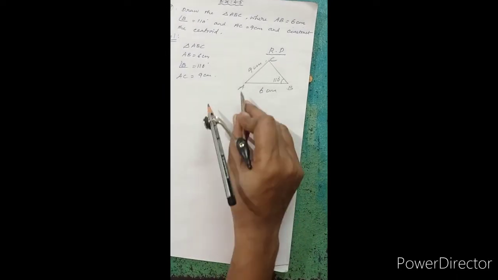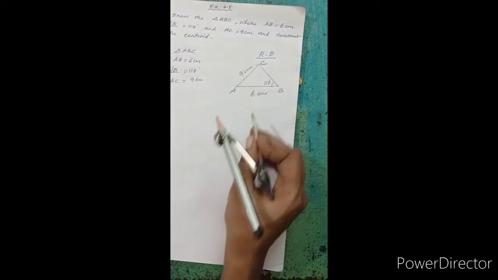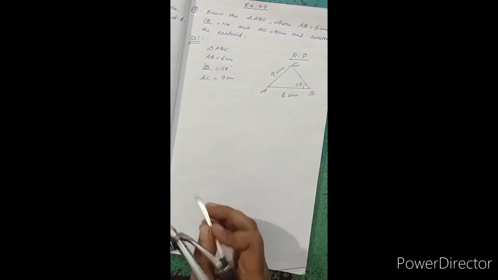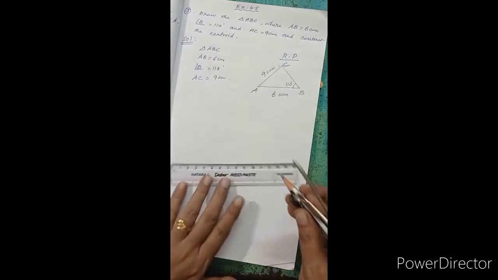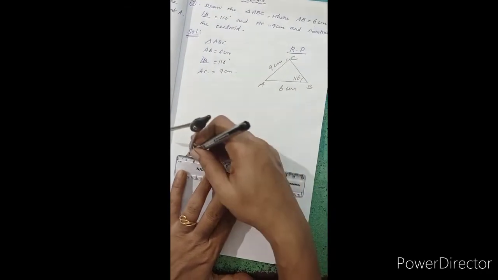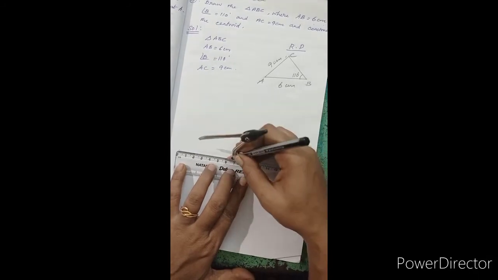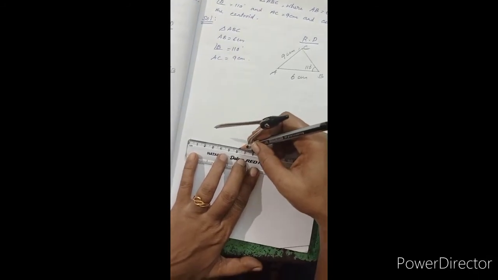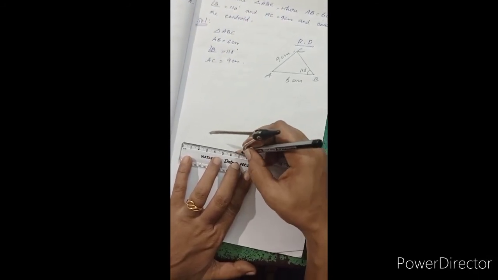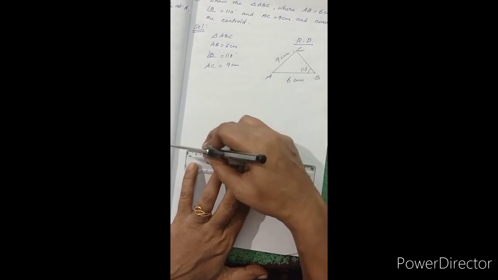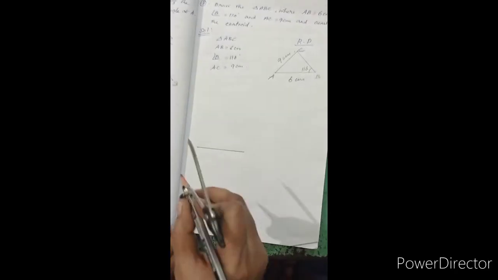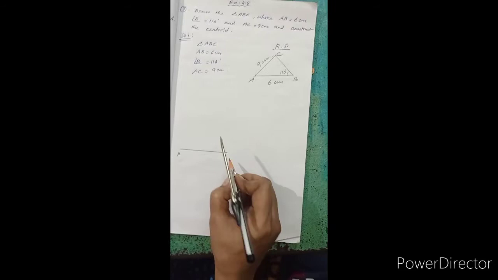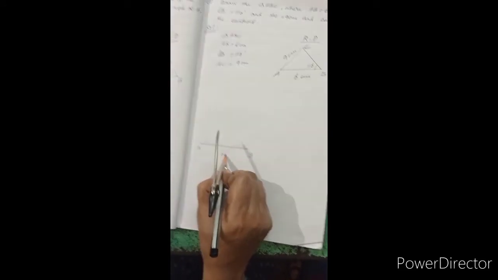So first draw this baseline AB equal to 6 cm. This is A, this is B, 6 cm.